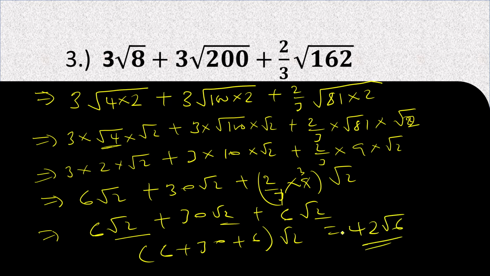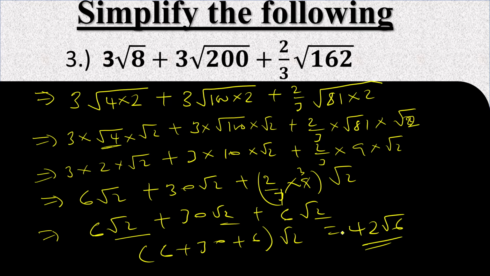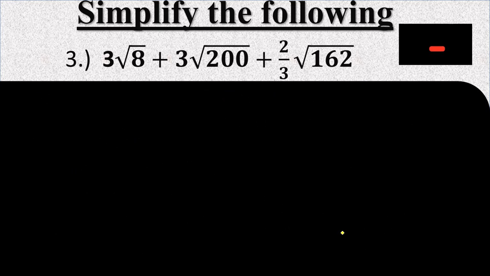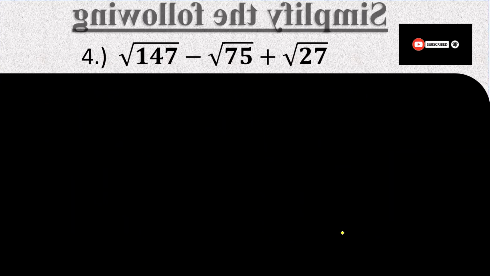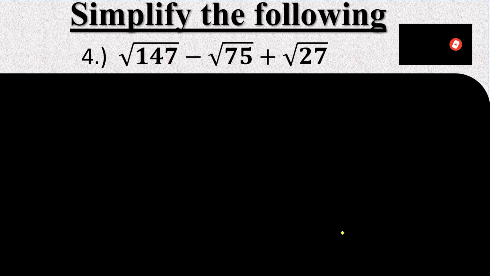All right. So let's look at the next example. So this time we have root 147 minus root 75 plus root 27.